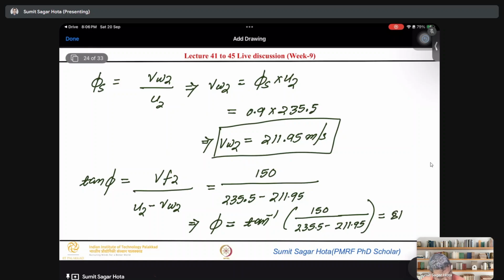Okay, if you solve it, you will get the value as phi is equal to 81.07 degree. Okay, answer.